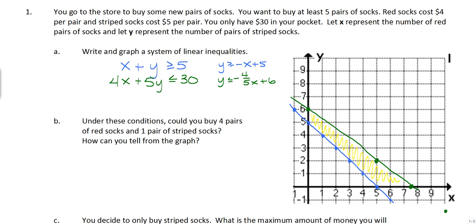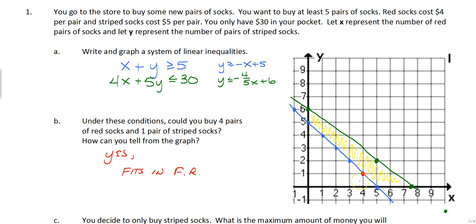So under these conditions, could you buy 4 pair of red socks and 1 pair of stripes? So remember, X is red, Y is striped. So can you buy 4 pair of red and 1 pair of striped? The answer is yes, you can. How can you tell? The reason is because it fits in the feasible region that we learned, because it's on a solid line, so that counts.